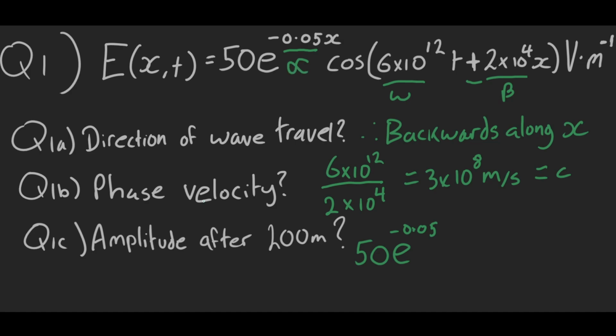Times 200. This is equal to about 2.27 millivolts per meter. These are the answers for all the questions in question 1.